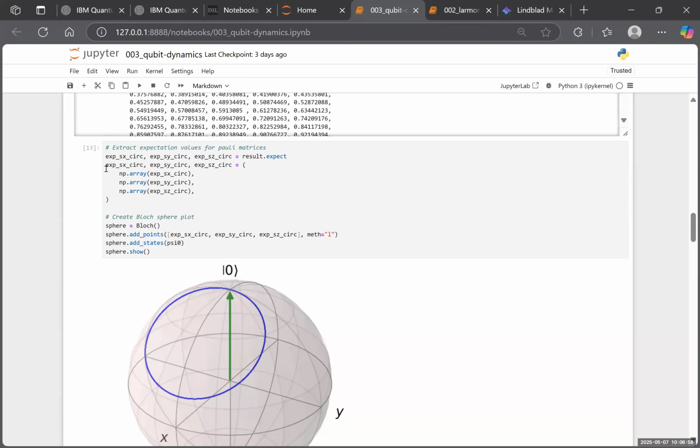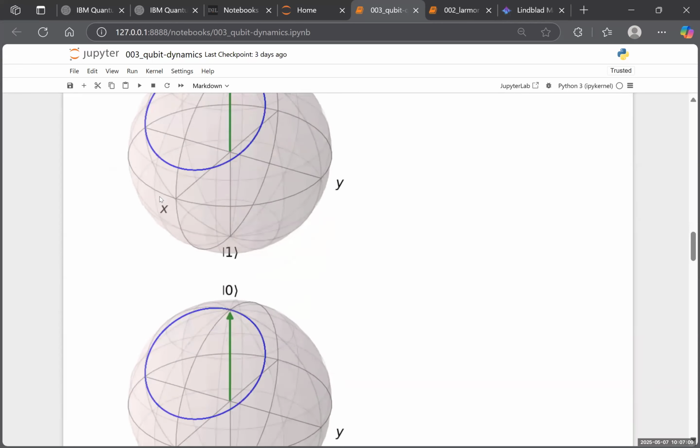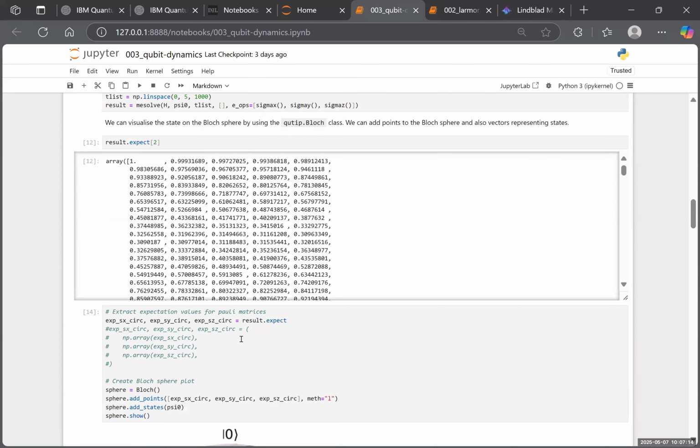So I wonder if we don't convert that into a NumPy array, what would happen? It does not affect because it's already an array. So I think this part is not needed. We don't necessarily need to convert the arrays.